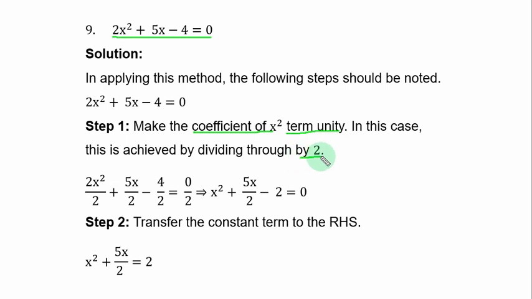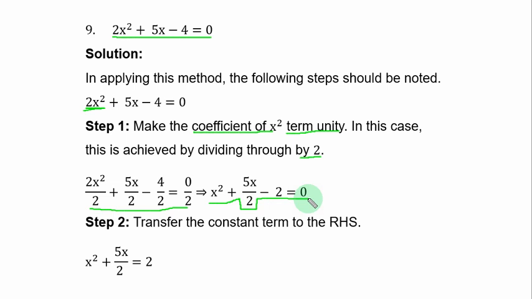In order to remove 2 from this 2s squared, you divide through the equation by 2, and that is what you have here. Dividing each term by 2 will take us to s squared plus 5s over 2 minus 2 equal to 0. That is step 1.